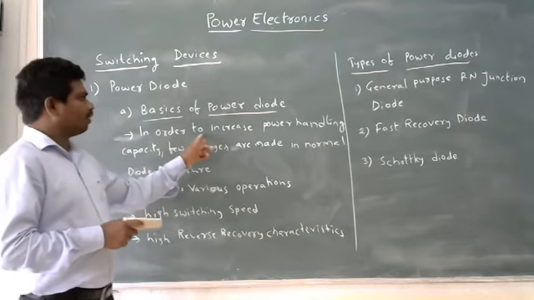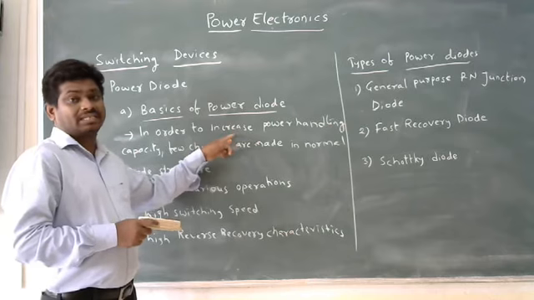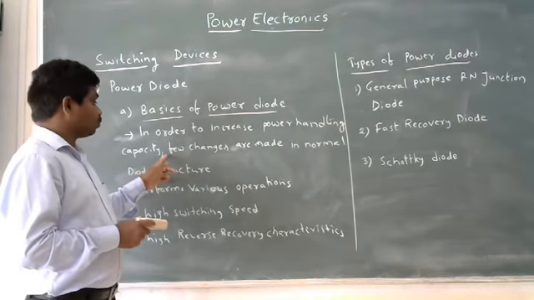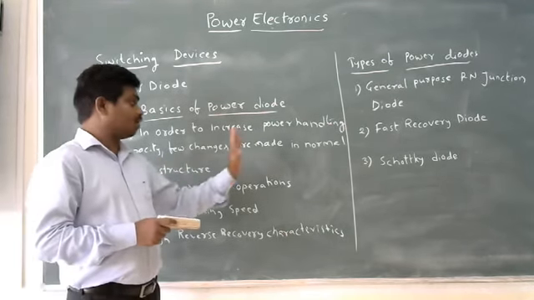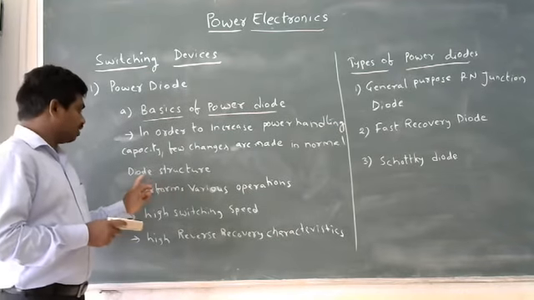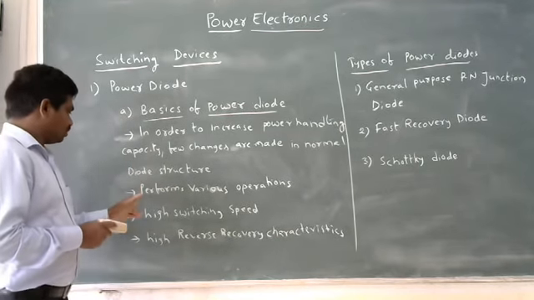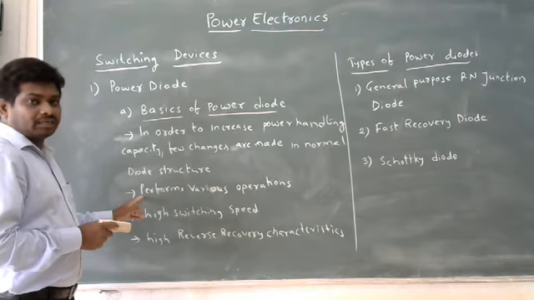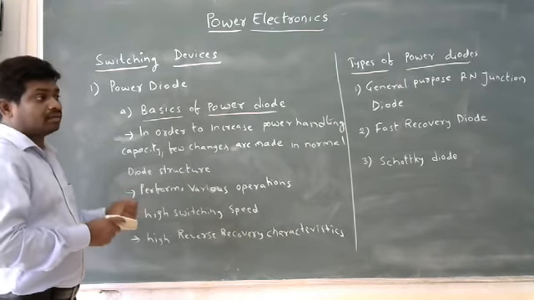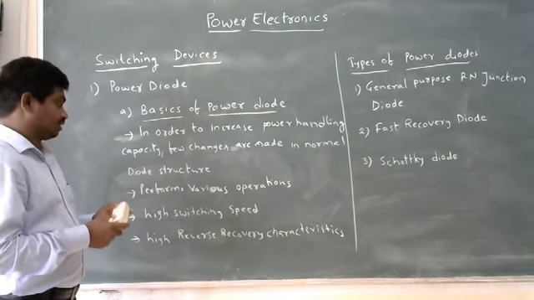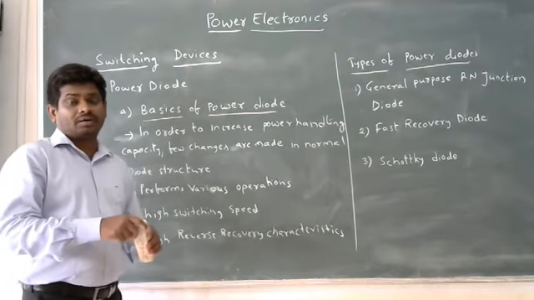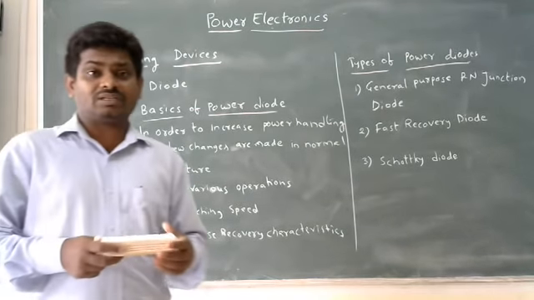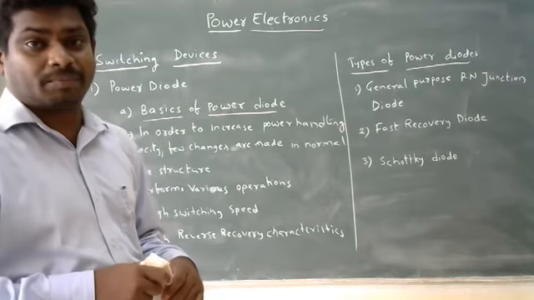So in order to increase the power handling capacity of the device, a few changes are made in the normal diode structure. The power diode performs different types of operations when you use it in power systems or in the conversion of electrical power.